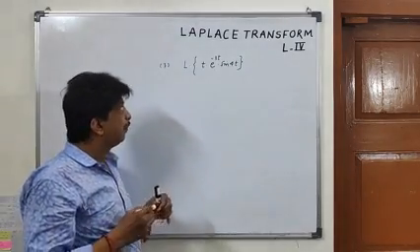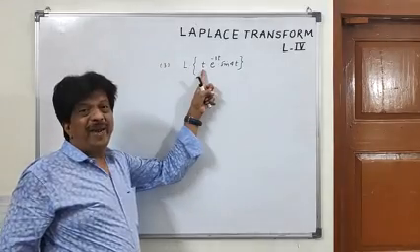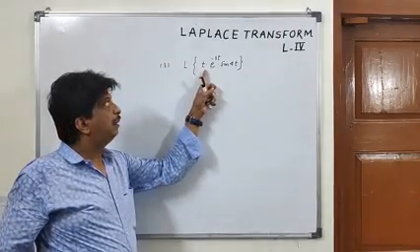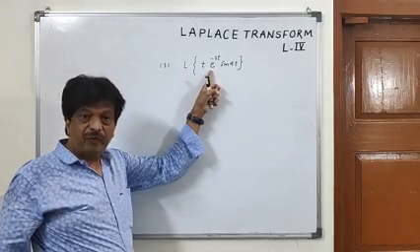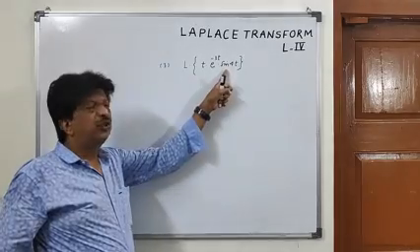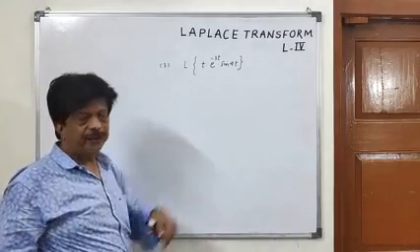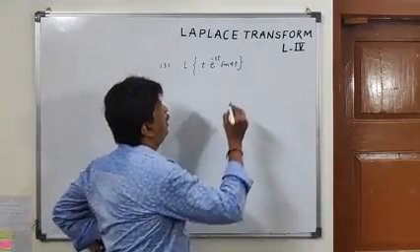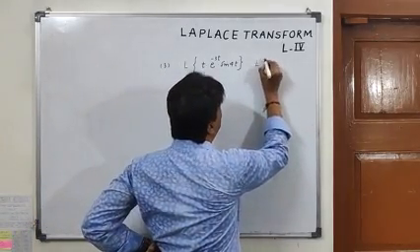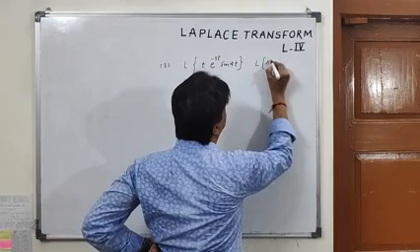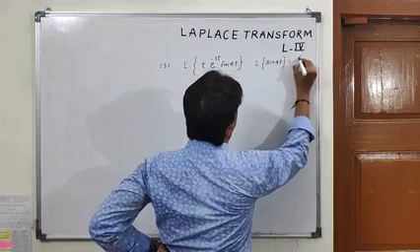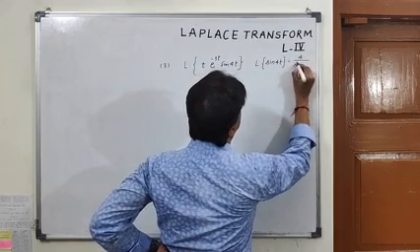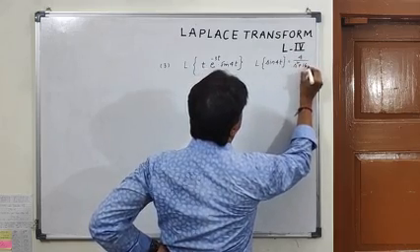Here I am using the multiplication by t property, and the shift property for e raised to power minus 3t first. So sine of 4t is f of t here. The Laplace transform of sine of 4t, what is it? It is 4 upon s square plus 16.